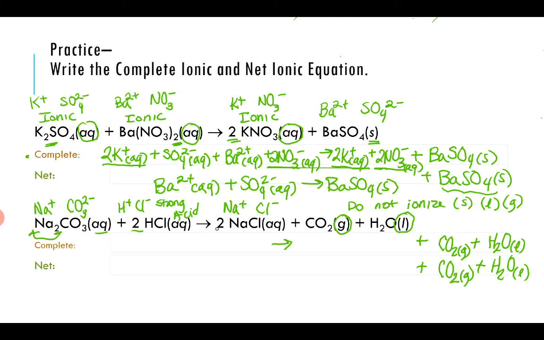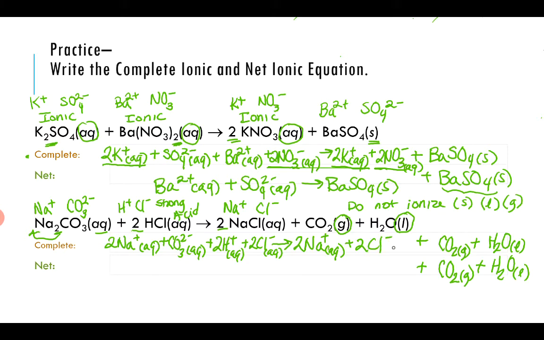Aqueous distributes as well. And so I'm going to have 2 sodium ions, and those are going to be aqueous. I'm going to have 1 carbonate anion. I'm going to have 2 H plus ions, and I'm going to have 2 Cl minus ions. On the product side, I'm going to have 2 sodium ions, and I'm going to have 2 Cl minus anions.